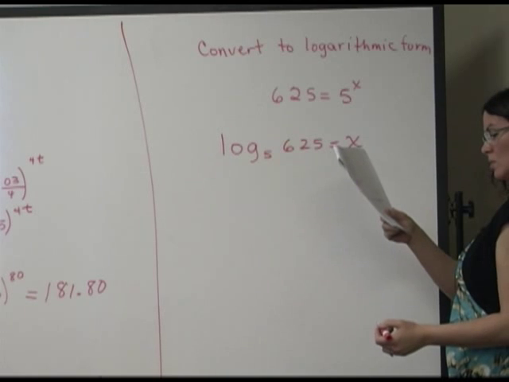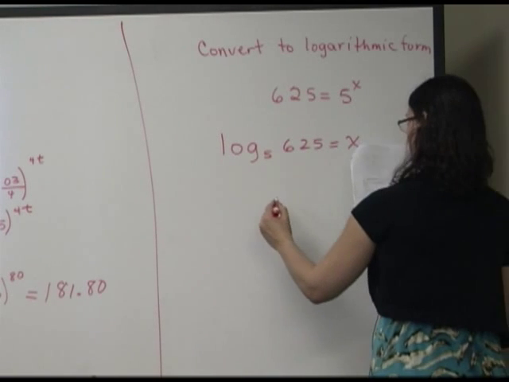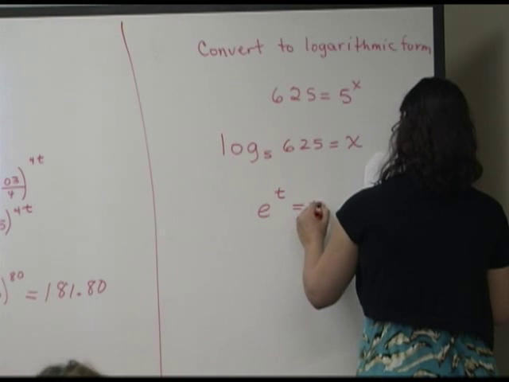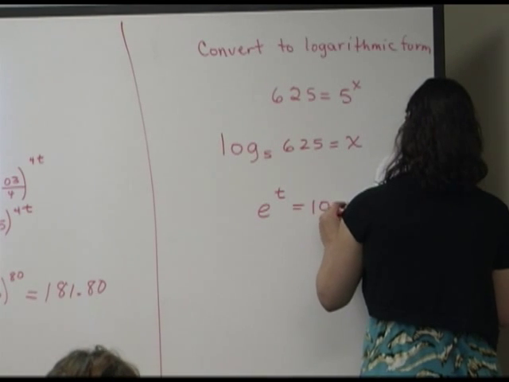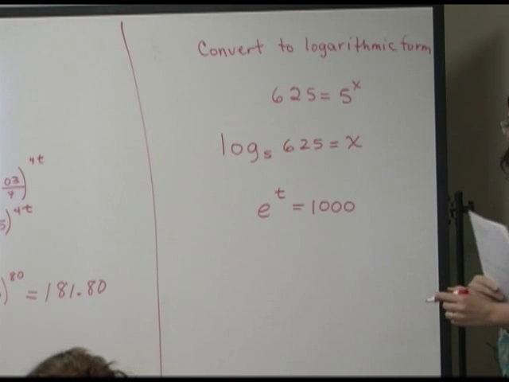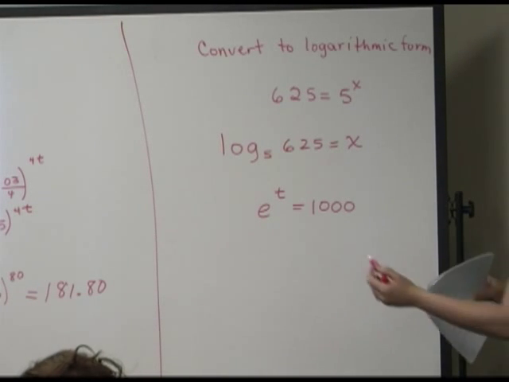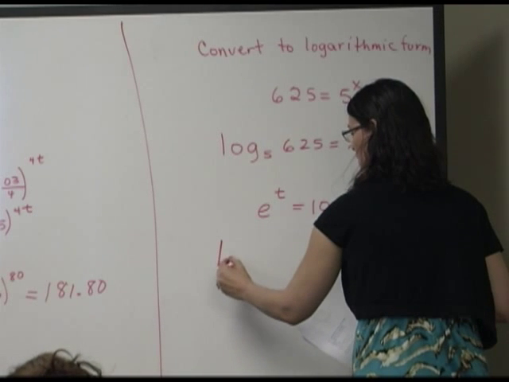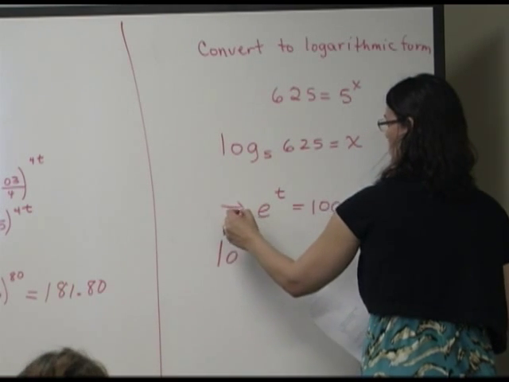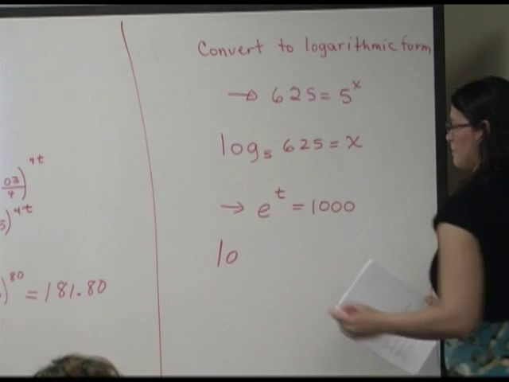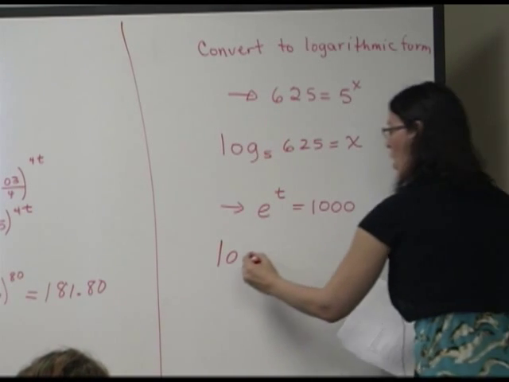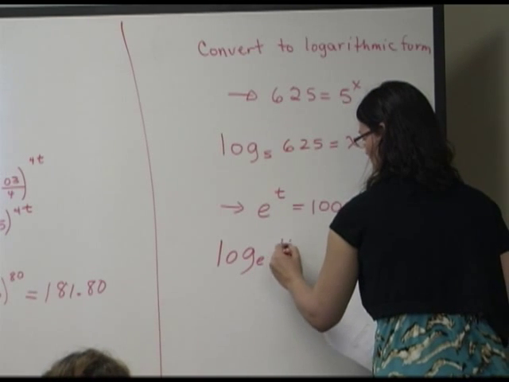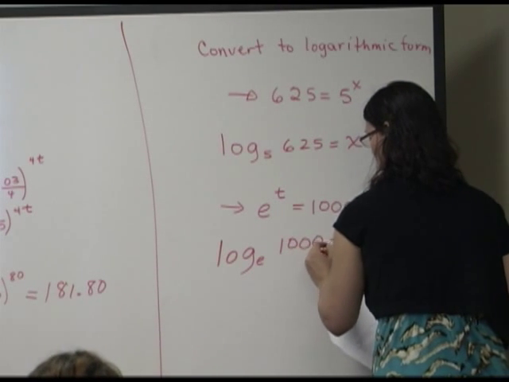Another example. What do we have to do to convert to logarithmic form? Same. Another example, convert to logarithm. So this is log base e of 1,000 equals t, right?